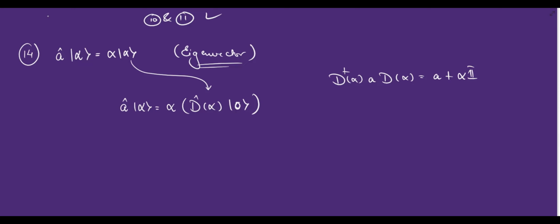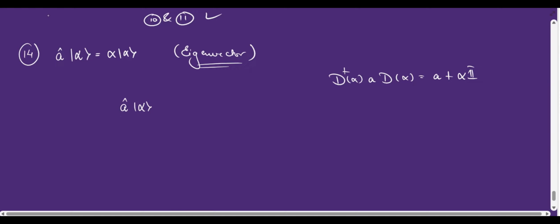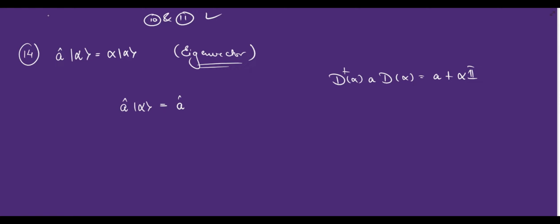Okay, let us write the left hand side here. So this left hand side is equal to D of alpha acting on 0. I use the definition of alpha here. Let's just forget the right hand side. I'll write it down: A-cap acting on D of alpha 0.